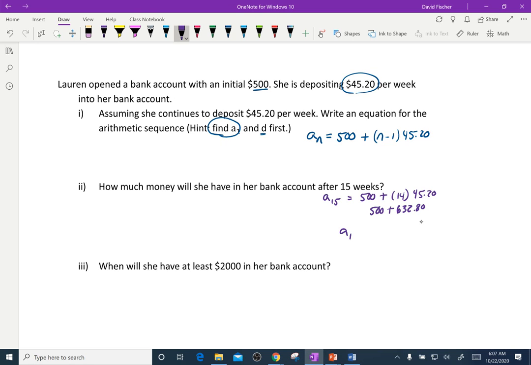A sub 15 would be $1,132.80. In week 15, she will have $1,132.80 in her account.